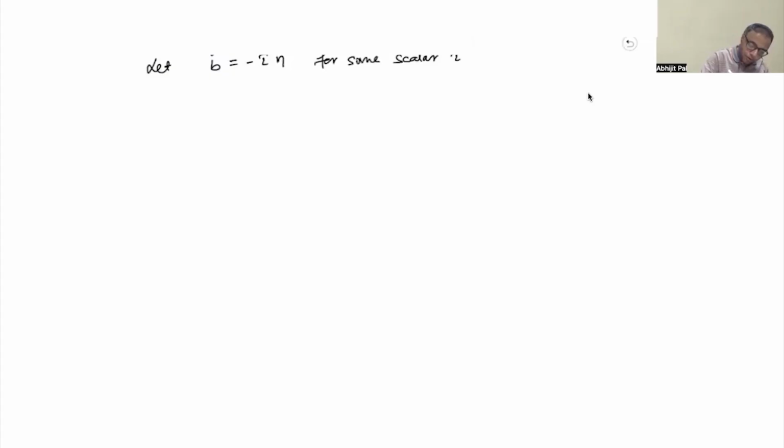Okay, so this tau is called the torsion of gamma. Okay. So this tau we have defined for a unit speed curve.